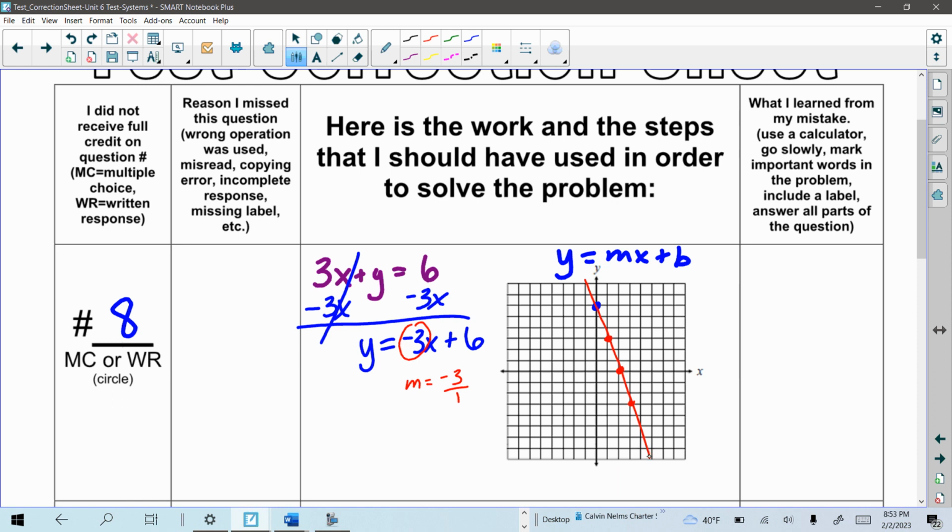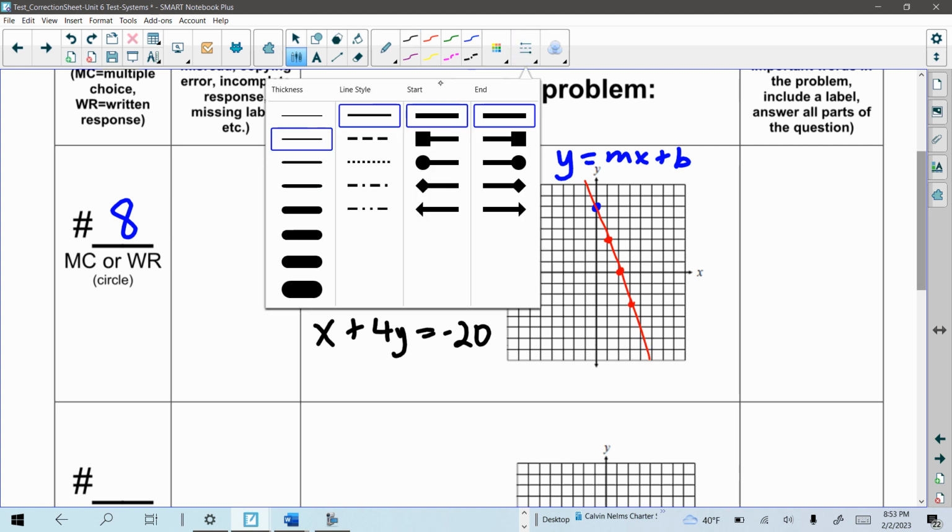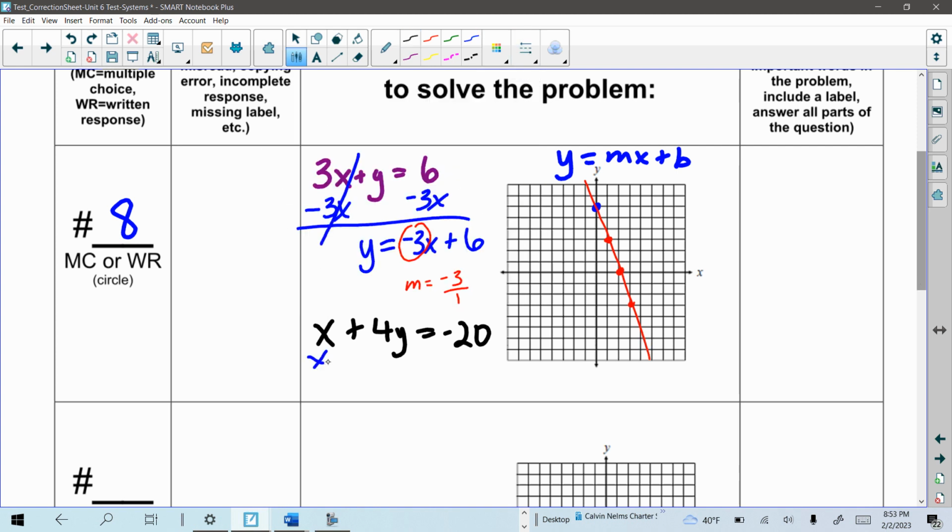Then the second equation they gave you was x plus 4y equals negative 20. Again, you have to solve this for y. So in order to do that, you would have to first minus x. Sorry for my writing here. You always move the x term, do the opposite. So it's going to leave with 4y equals now a negative x minus 20.